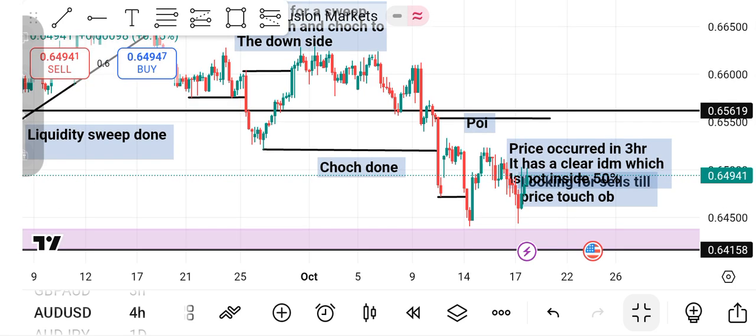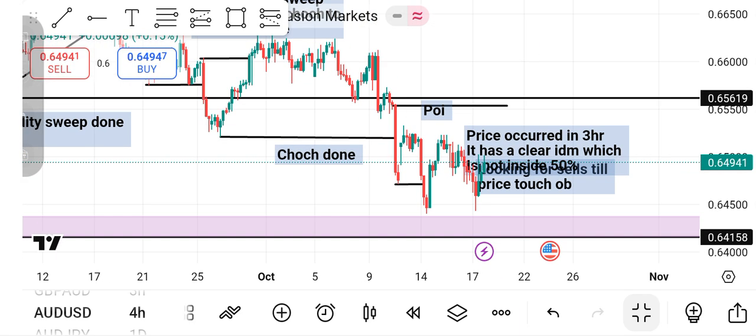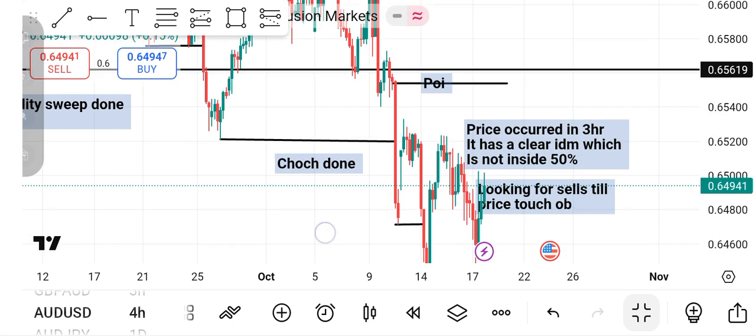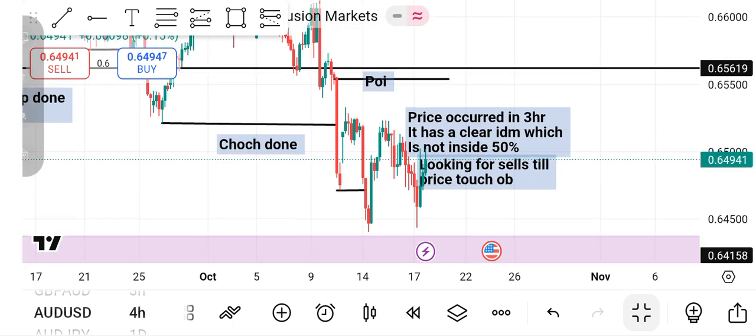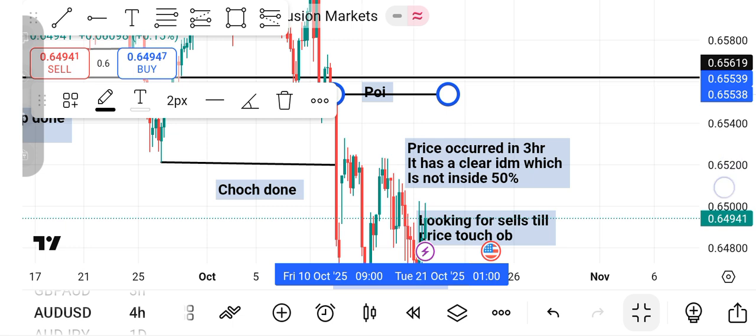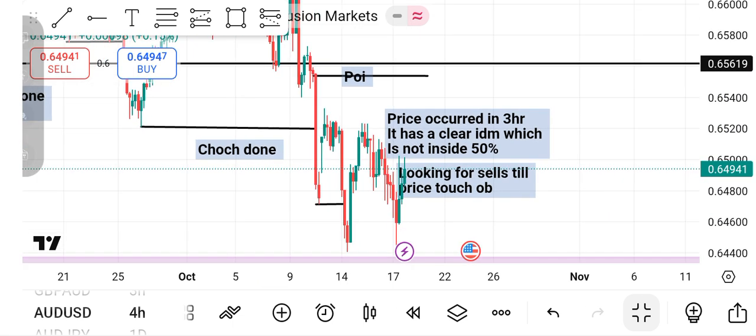Now, once I see that change of character to the downside, then I will start looking for sell. So right here, I have a sell anticipation, and it is a very high probability trade setup, right?